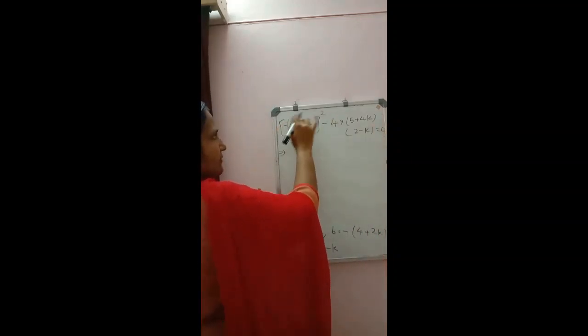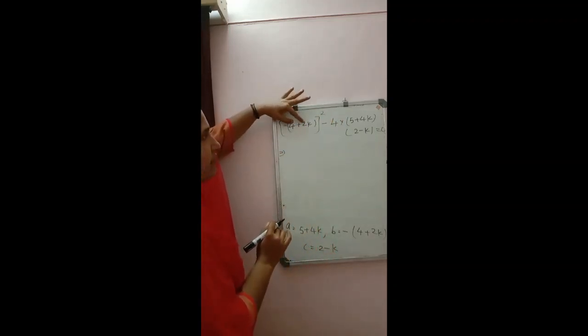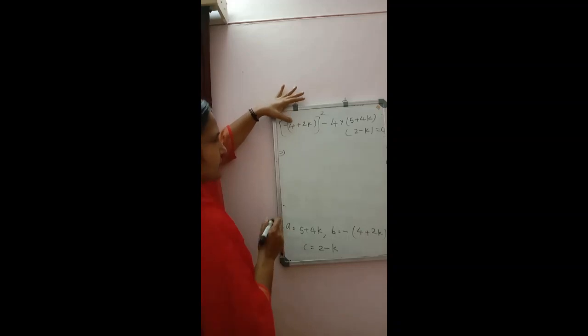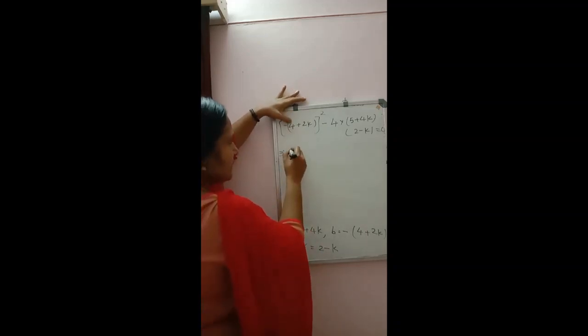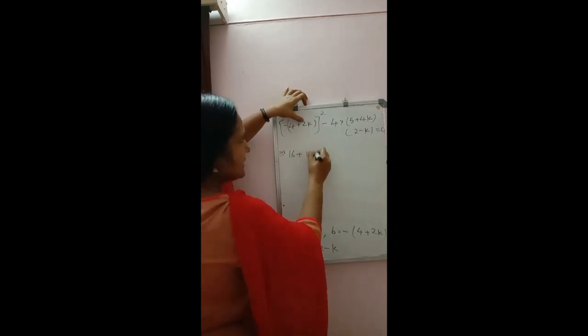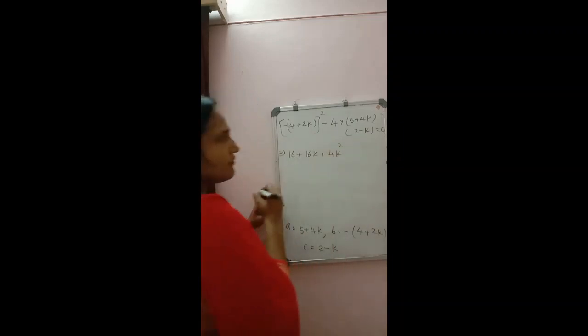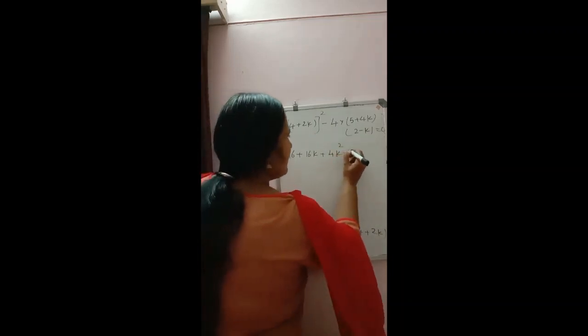Minus negative, square of the negative will become positive. So remaining is 4 plus 2k the whole square. So that will come 4 square, 16 plus 4 2s are 8, 8 2s are 16k, plus 2k the whole square will be equal to 4k square minus 4 into.